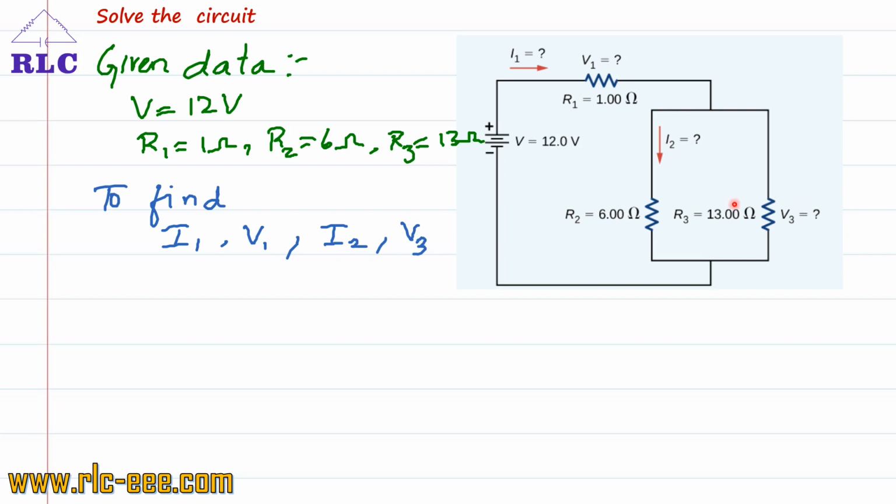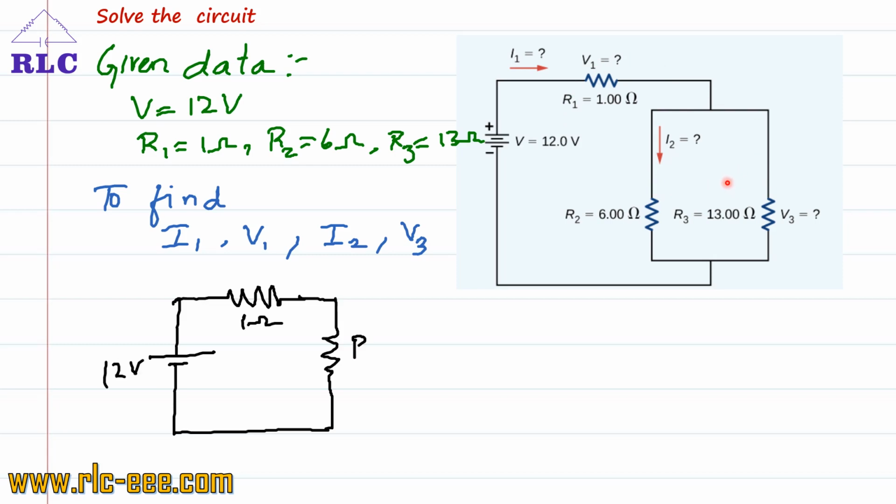Right? So if we simplify the circuit, since these two are connected in parallel, we will get it like this. Just name all of it: 12 volts, 1 ohm, and these two are connected in parallel. So I will be writing R2 parallel with R3.